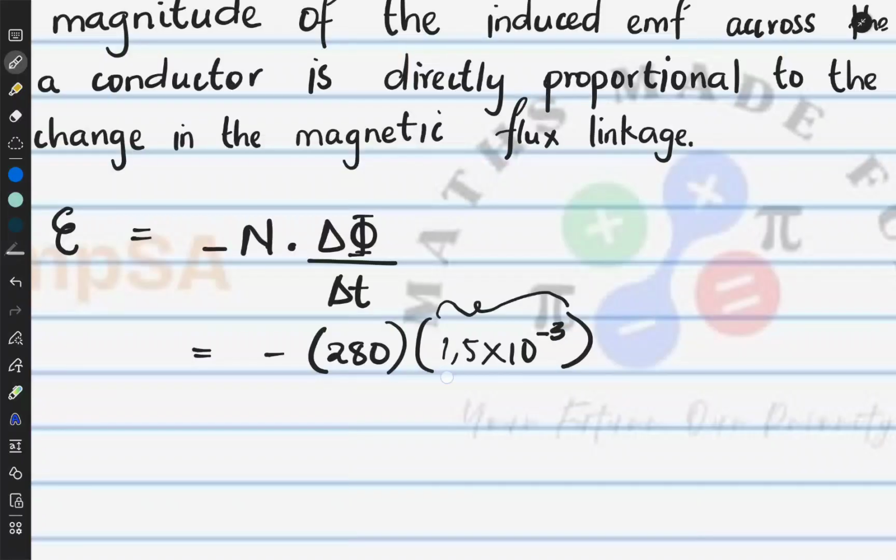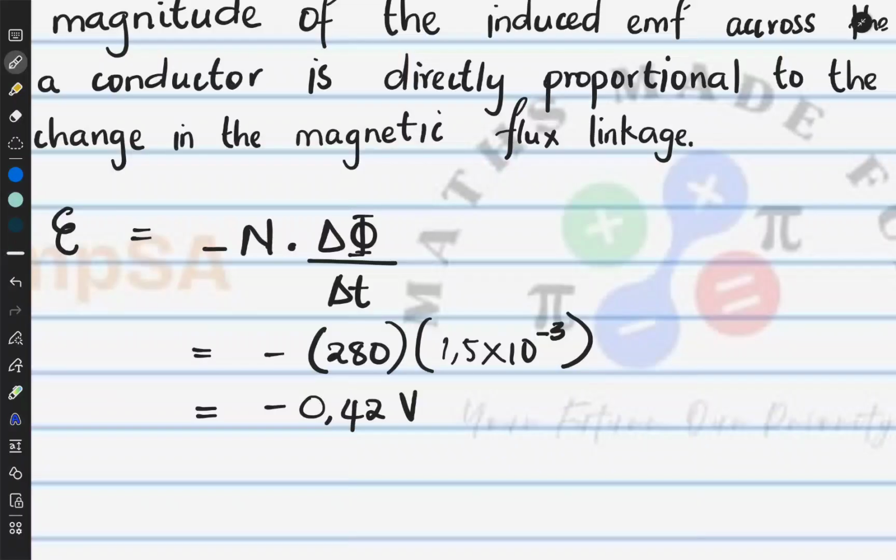It's included in this value, so we don't have to worry about it. Everything was done, so that step we don't have to include. So what you'll notice here, you get 0.42 volts. The answer will obviously be negative, right?